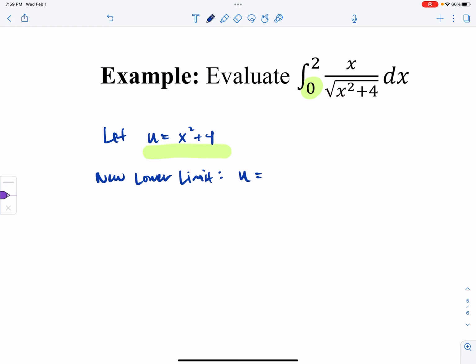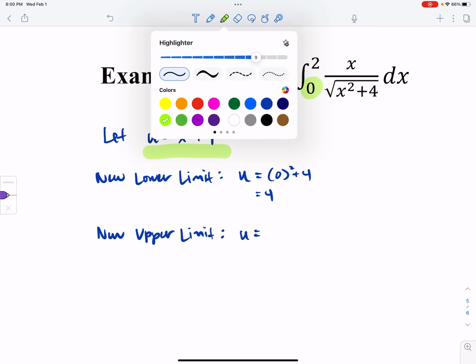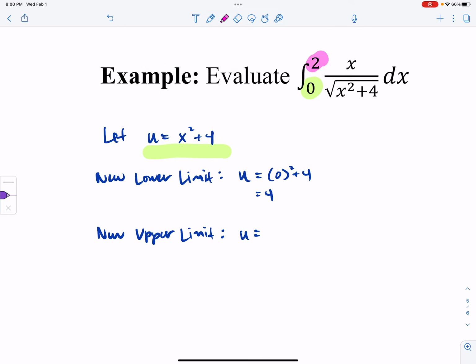So 0 squared plus 4 equals 4. That'll be our new lower limit. For our new upper limit, we substitute 2 into what we let u equal, so 2 squared plus 4 is 8.